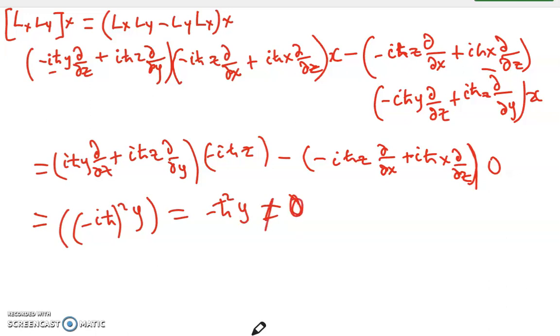So I simply want to show you that this computation here cannot be equal to 0. But for more explicit explanation, I have done a part 2 of this video, and in part 2 I am going to explicitly differentiate this term by term.